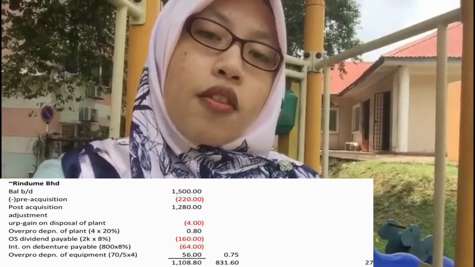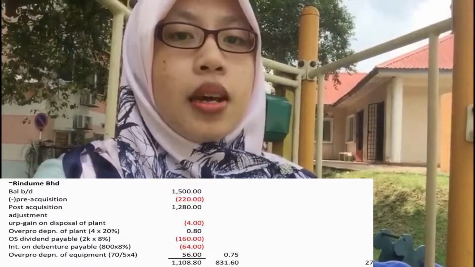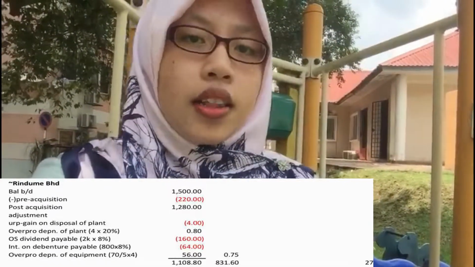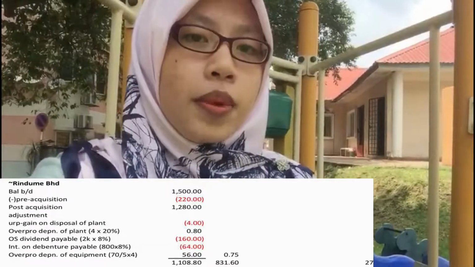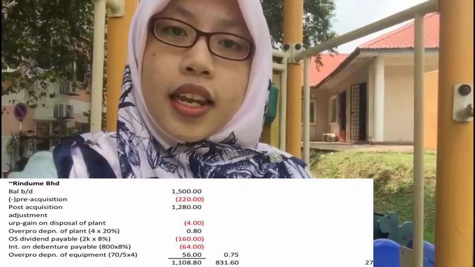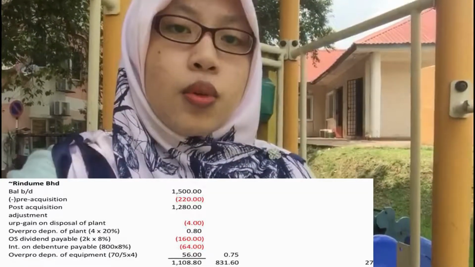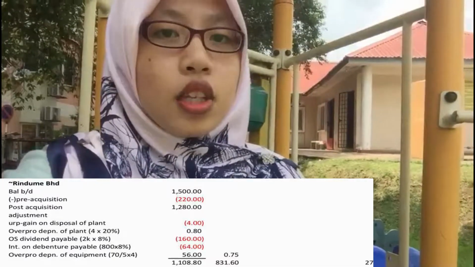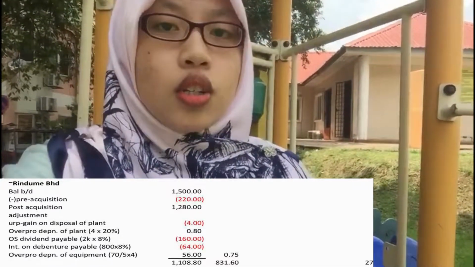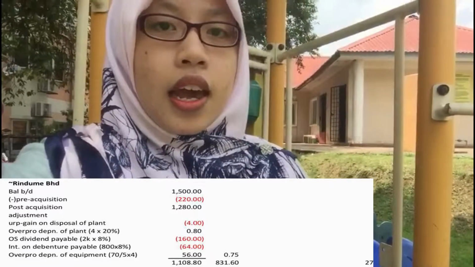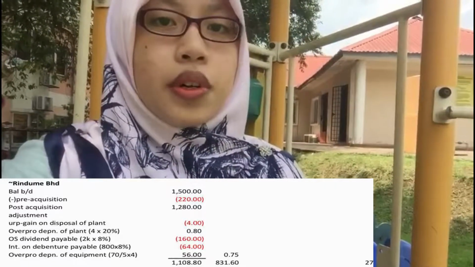This can be taken from the additional information number 2, which Rindumi sold a plant to Katana at the profit of 4 million. Over provided depreciation, which is 4 million times 20%, because it is the accounting policy of the company to calculate the cost of the plant and equipment at 20% on cost per annum.